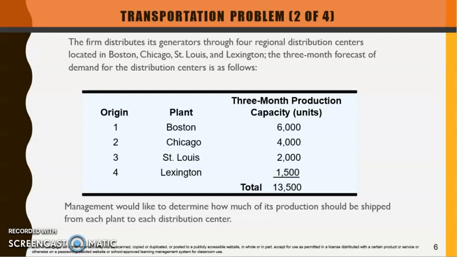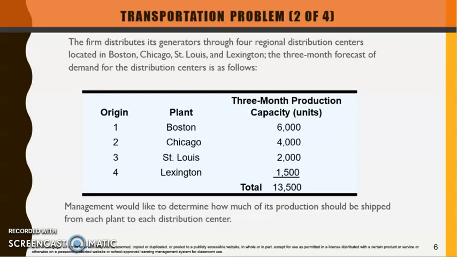Boston in 3 months needs 6,000 generators. Chicago needs 4,000 generators. St. Louis needs 2,000, and Lexington needs 1,500. And totally, these 4 distribution centers that are demand centers are expecting to get 13,500 generators from the plants.